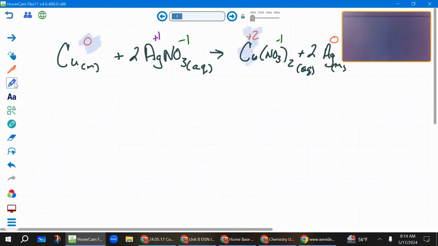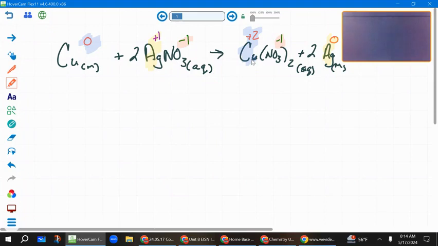And also the Ag went from +1 to 0. Now what happened with the NO3? It stayed the same. So is NO3 reduced or oxidized? Neither. Sometimes things will not change their charge.